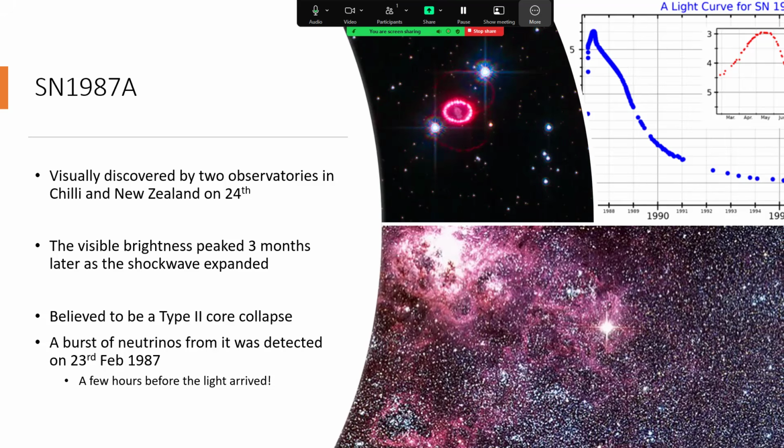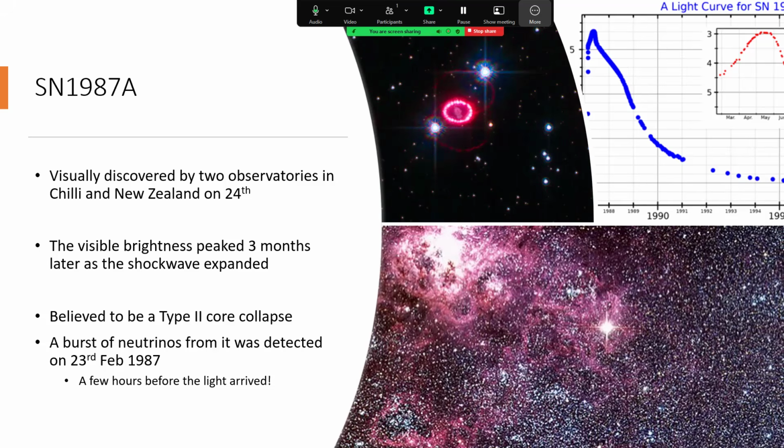And the first signal to be received from it was not the light. It was actually the day before, on the 23rd of February, and that was a burst of neutrinos, these ghostly particles that don't interact with normal matter apart from with gravity and the weak nuclear force, and could get out of the center of the exploding supernova incredibly easily, whereas the light takes a while to develop and to get itself to the surface and to be able to be emitted and travel.